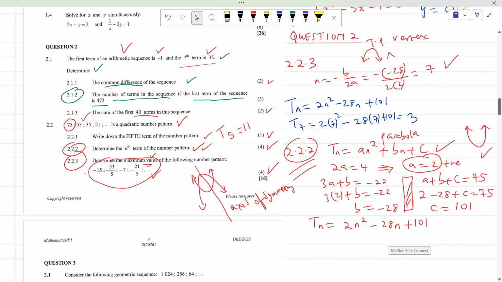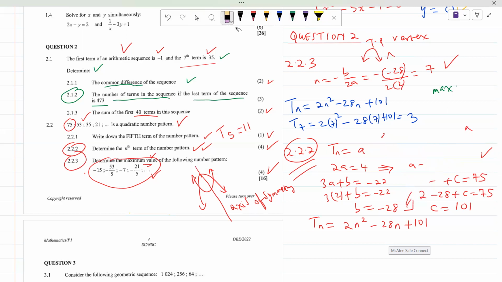But we remember that each term is divided by minus 5. So what is the maximum value?